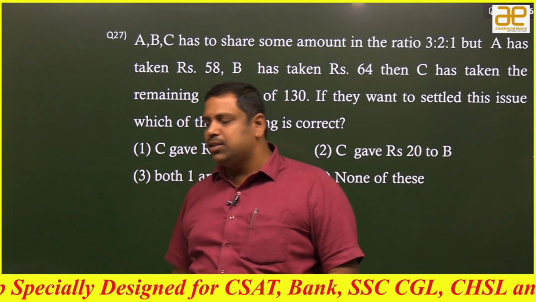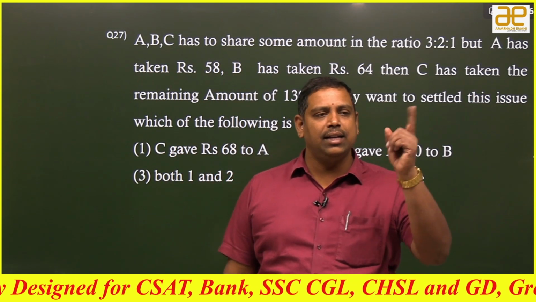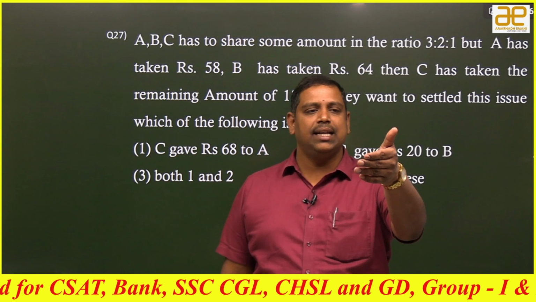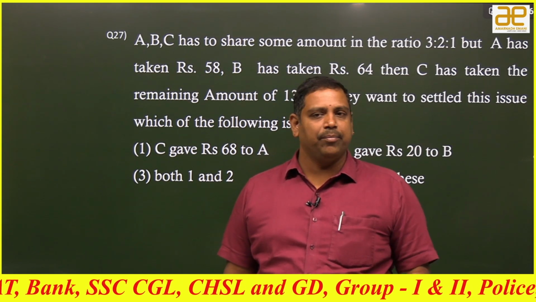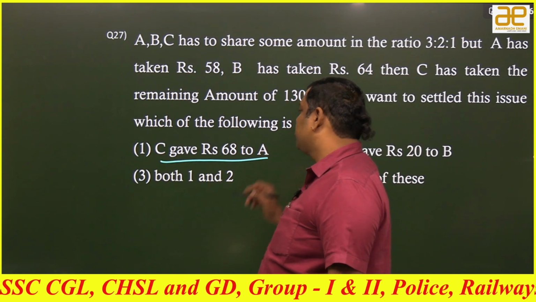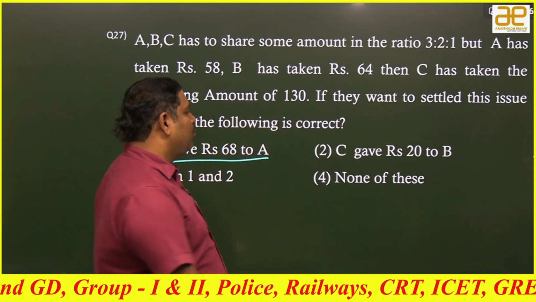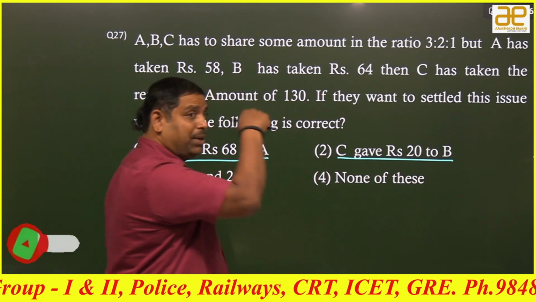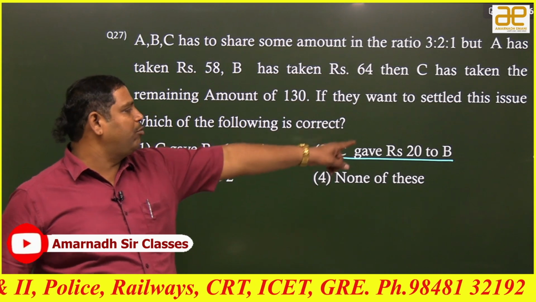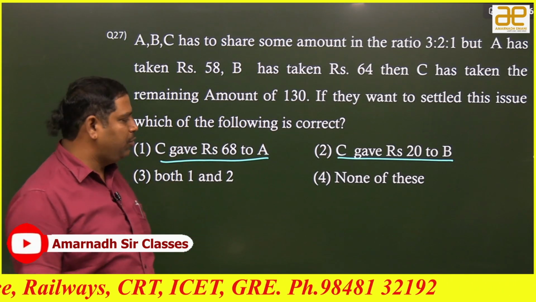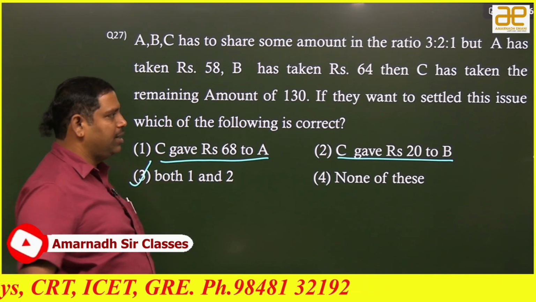So if they are reverse, in that case A paid, in this case A receives from C. C gave 68 rupees to A, because the numbers are the same as this. So C gave 20 rupees to B, because there B gave 20 rupees. Now it will be C gave 20 rupees to B. So both are correct. So the answer is the third option. Am I clear to you?